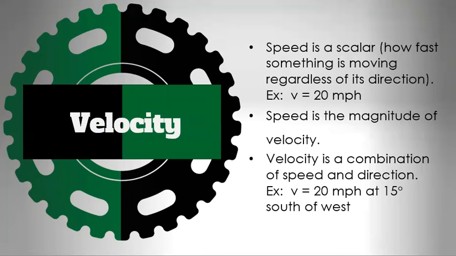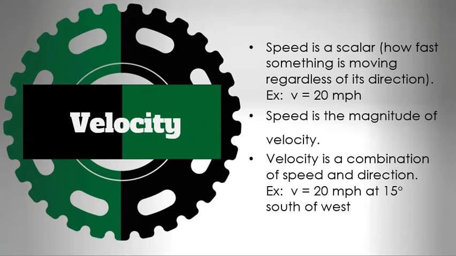Next is velocity. Velocity is like speed, but the difference between velocity and speed is that speed is a scalar, so it tells us how fast something is moving regardless of its direction. For example, 20 miles per hour or 20 meters per hour.